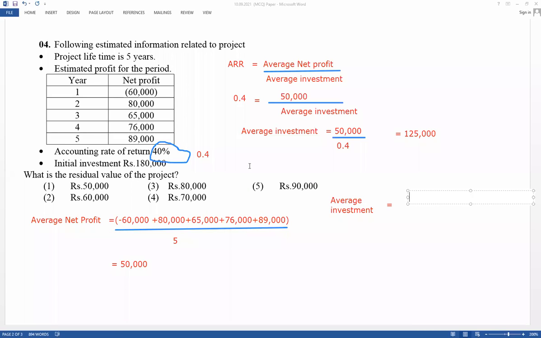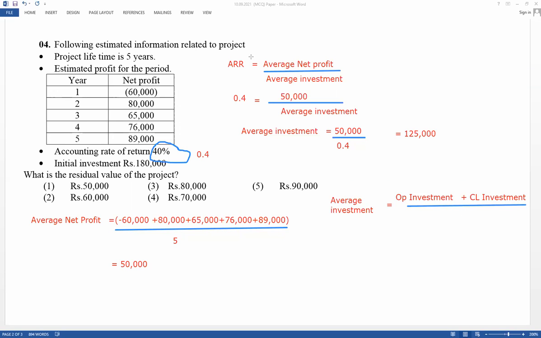As a closing investment, you have to consider the residual value. Opening investment plus closing investment divided by 2 equals average investment.